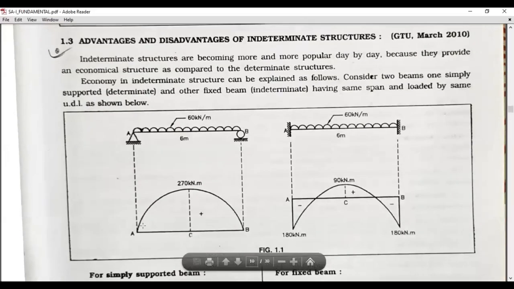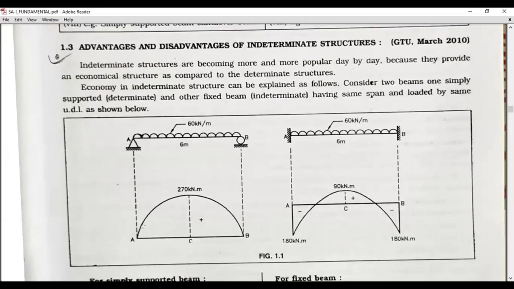Now, advantages and disadvantages of indeterminate structures. Indeterminate structures are becoming more and more popular day by day because they provide an economical structure as compared to the determinate structure.